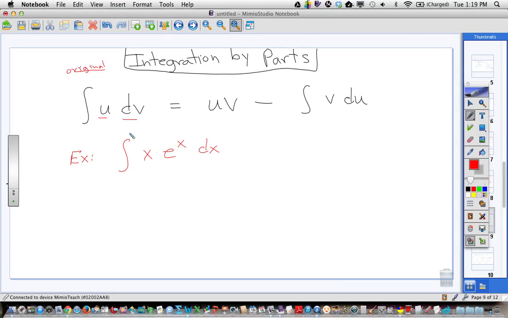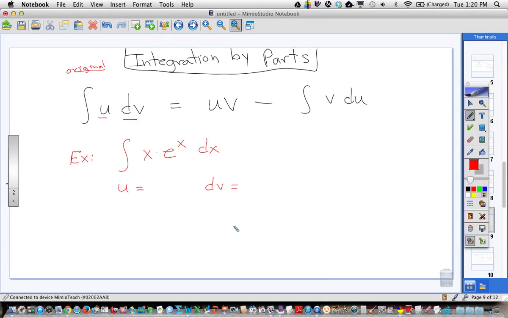So what we need to do is figure out which part do we want to be the u and which part do we want to be the dv. And we're going to write it like this, just like we've done with our u substitution. Underneath here I'm going to put what u is, and then over here I'm going to put what dv is.